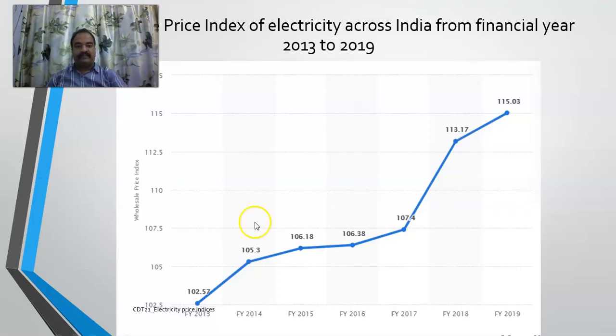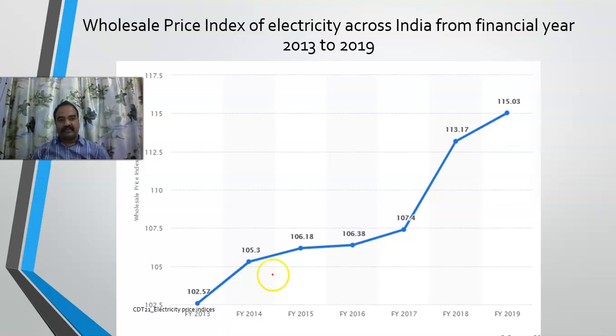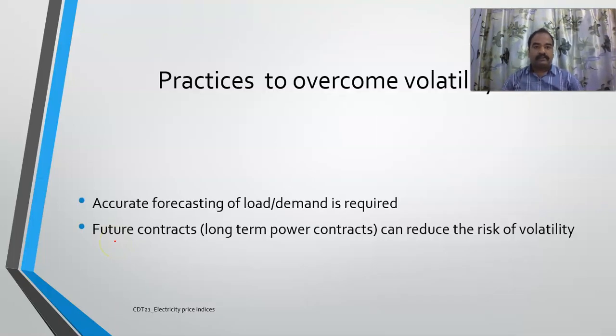Now, this is the wholesale price index of electricity across the country from the financial year 2013 to 2019. And if you carefully see, if the base year is considered as this one, the prices are increasing in this fashion. And how to work on this volatility?